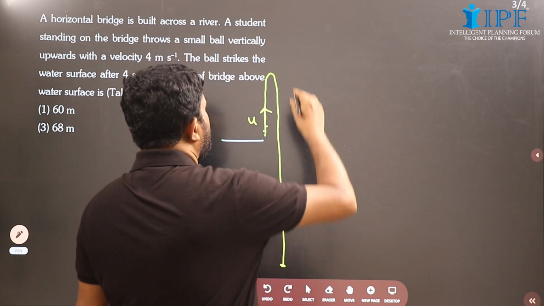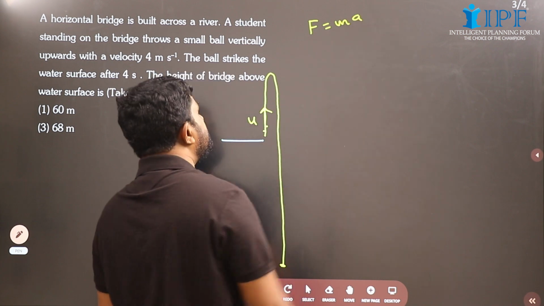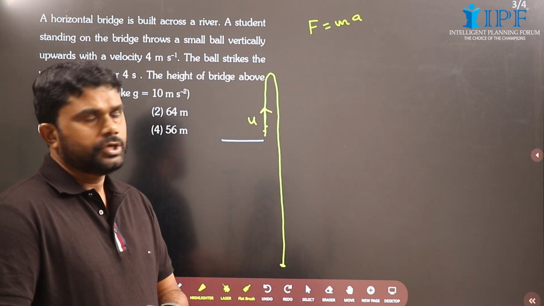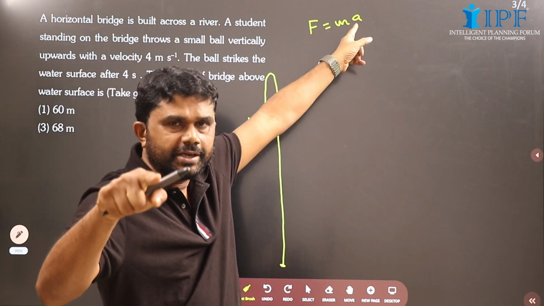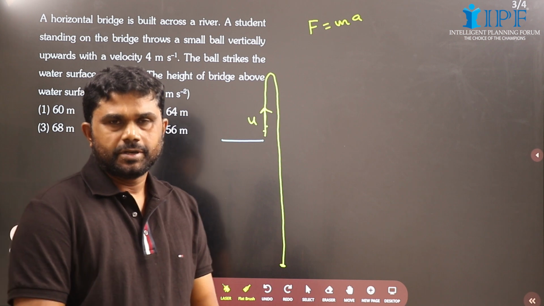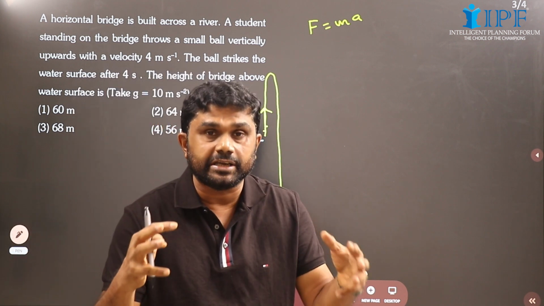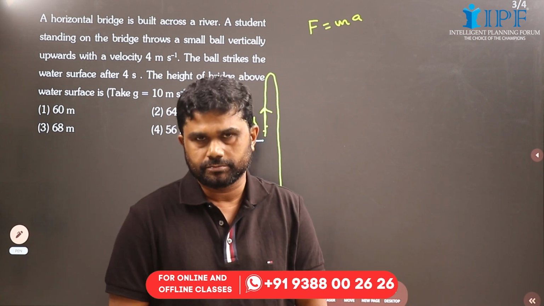See, we have studied F equal to ma, of which m is a scalar, with no specific direction. So the direction of acceleration must be along the direction of the force. We are talking about acceleration due to gravity, meaning the attraction of earth. It is always vertically down.